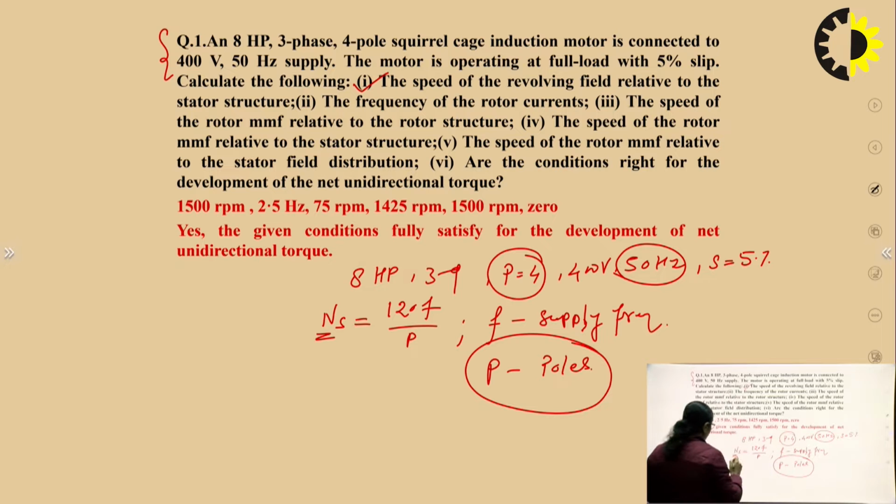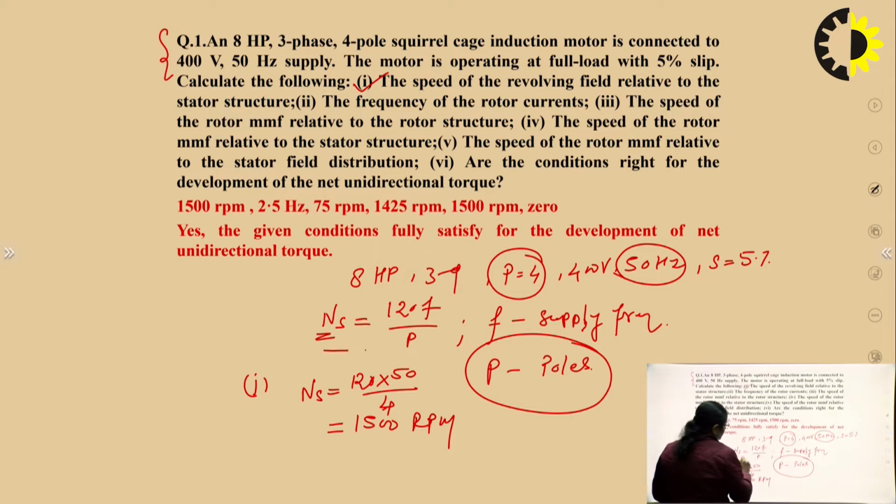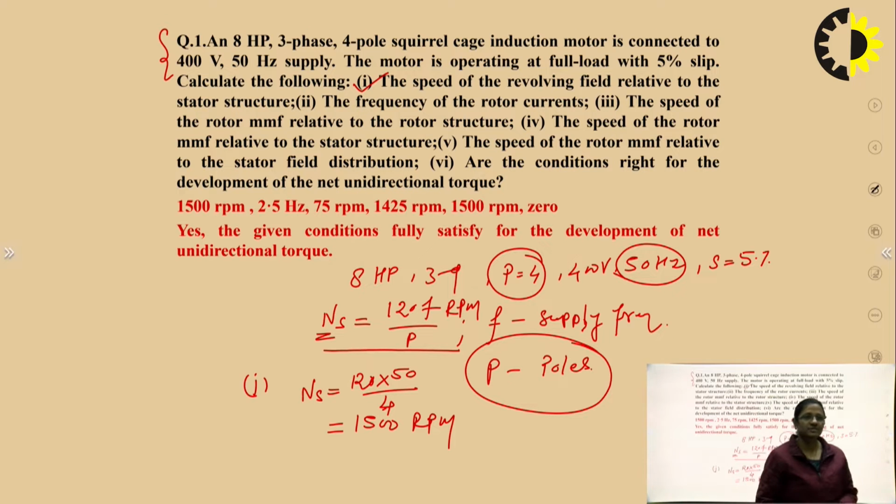So, as per this, we can determine the first part of the question as Ns equals 120 multiplied by 50 divided by the number of poles, 4. Solving this, you will get the answer as 1500 RPM, where RPM is revolutions per minute.